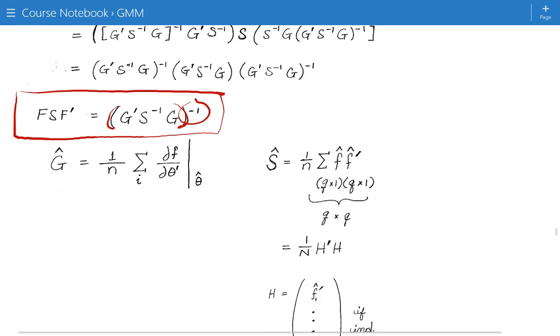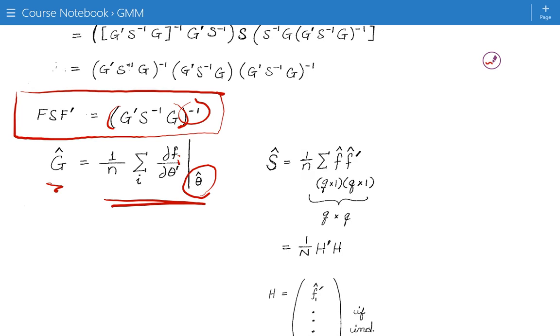You can estimate G by 1 over n times the summation of the derivatives of the moment equation with respect to theta for each observation, f_i, evaluated at theta hat. And you can estimate S as 1 over n times the outer product of the f's.